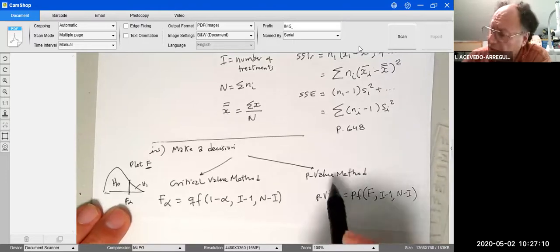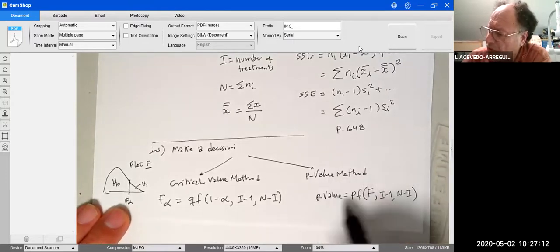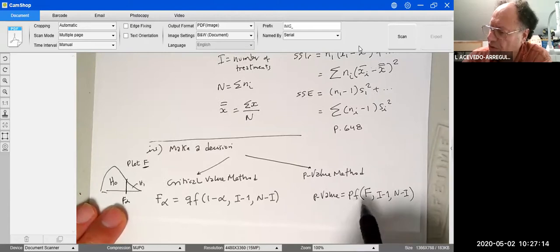The other method is the p-value method. In the p-value method, you use directly the statistic f that you found in the previous step, and you use the pf function from R. Remember, you always need to use lowercase letters for the R functions.